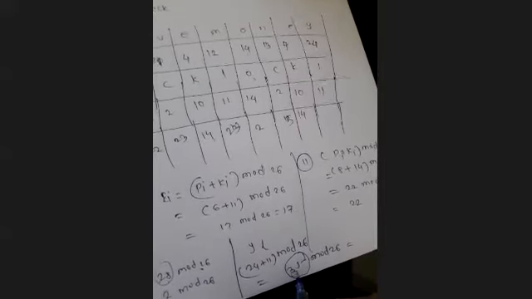Now again, the resultant value is greater than 26. So what we have to do is subtract 26 from 35. 35 minus 26 will be 8, right? 8 mod 26 will be 8.